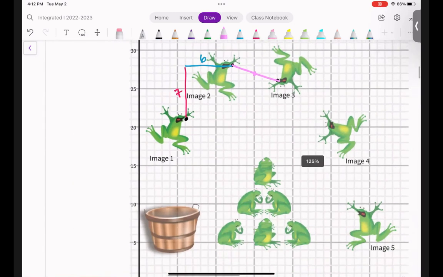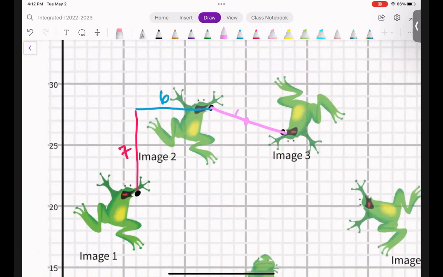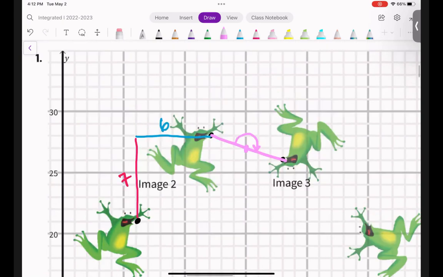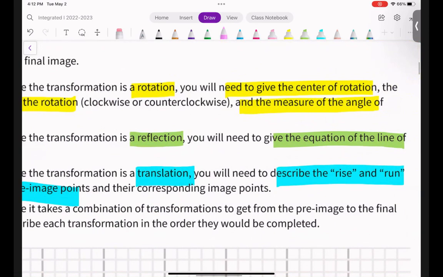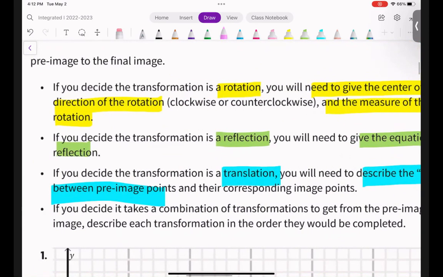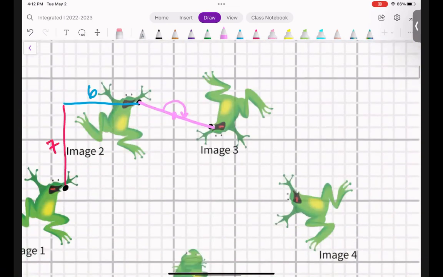So that's what, 27, 15, 27. And it looks like it's 180 degrees. And I'm just going to put in the clockwise direction. Because remember, for a rotation, it says the center of rotation, the direction, clockwise or counterclockwise, and the measure of the angle. So that's 180 degrees.